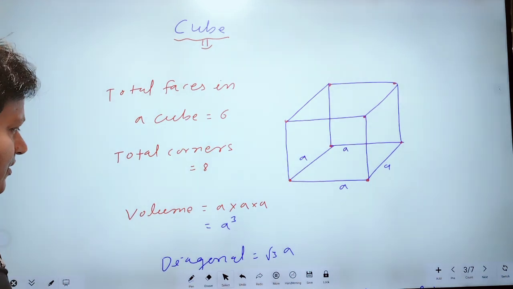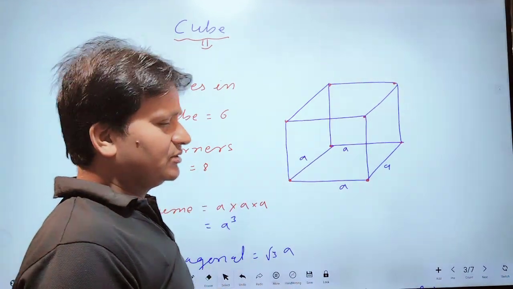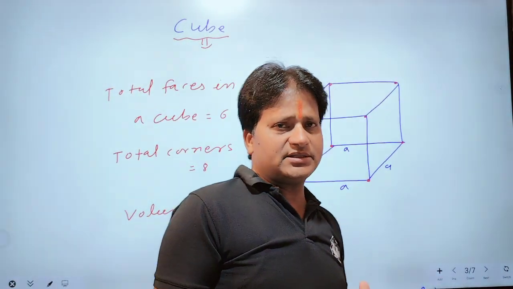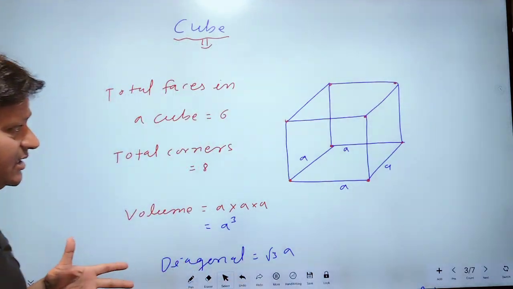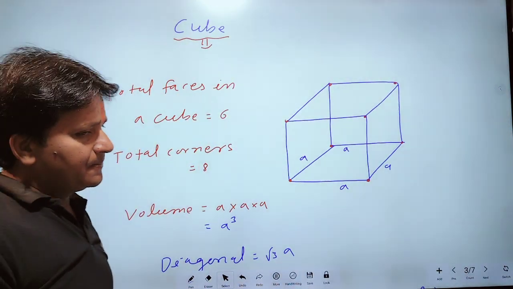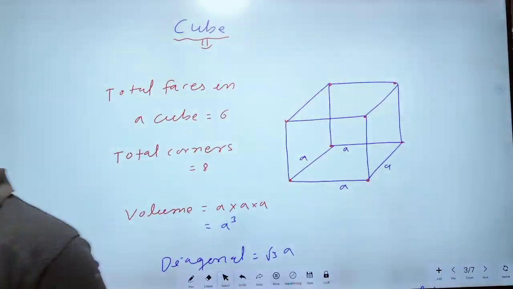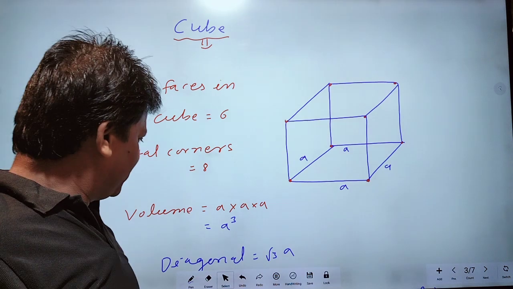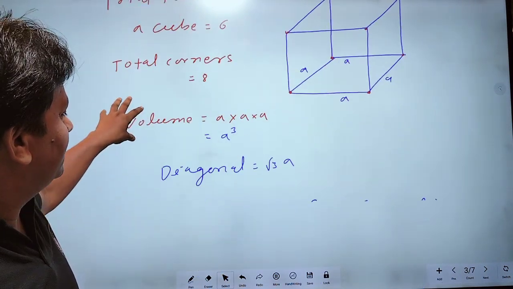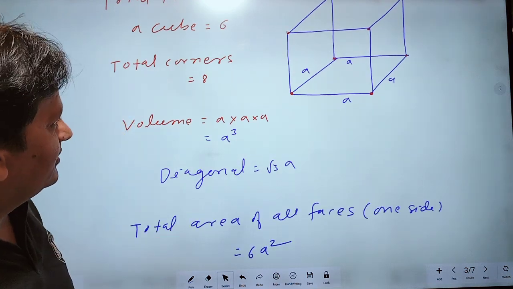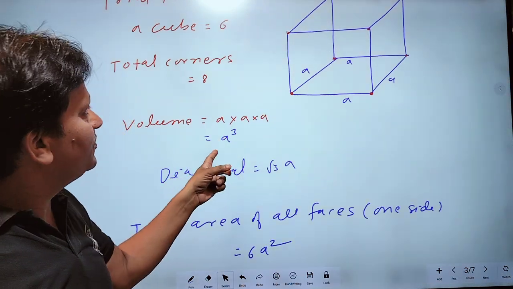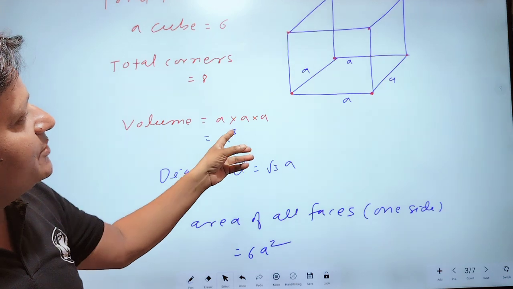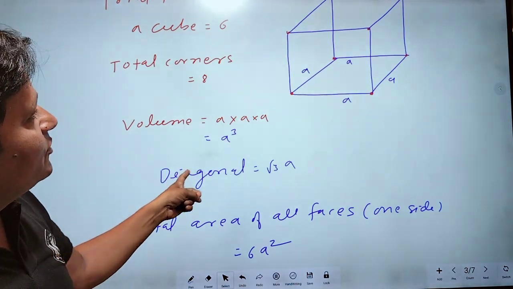Volume of this cube I have already discussed. First of all, we find the area of a base. Now I am going to discuss the diagonal of cube.